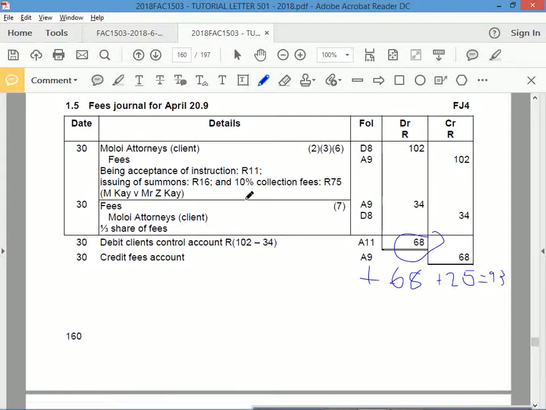When looking at this example, you can see that there's a portion of fees that the one attorney had to recover from the client. Here that was the 16 plus 10% of the collection fees, plus the issuing of the summons. That was the 16.